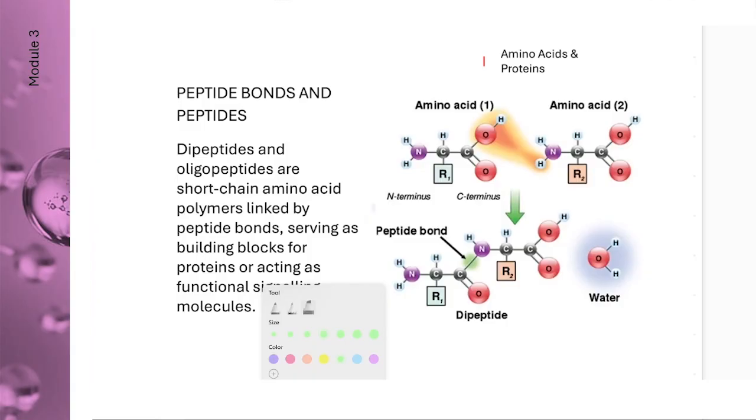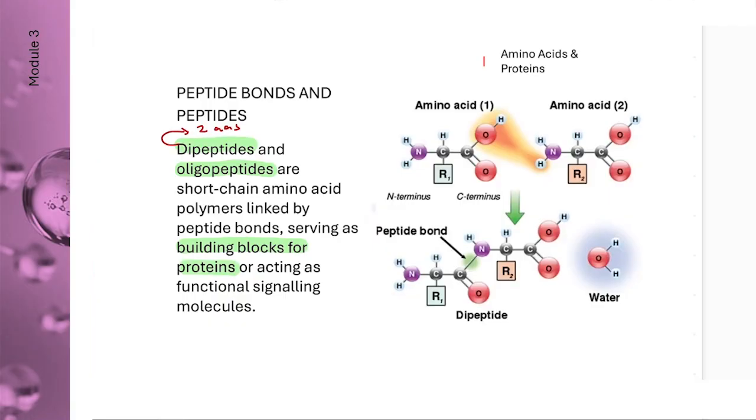Whether they're dipeptides or oligopeptides, where dipeptides are 2 amino acids and oligopeptides are 3 or more amino acids, they form bonds, and these bonds form the building block for proteins, like we have said. And in this slide we're going to be looking at how those building blocks are formed.